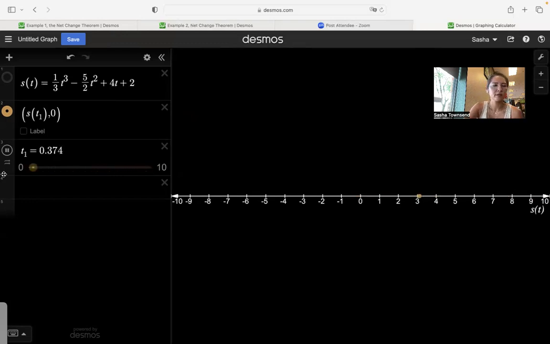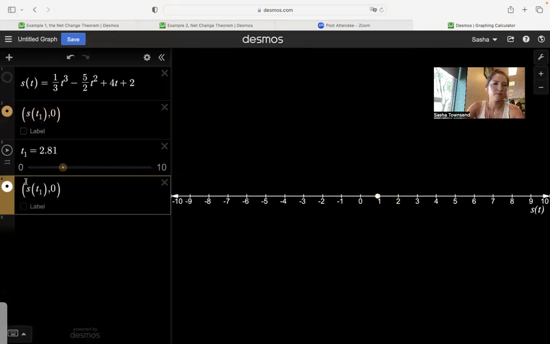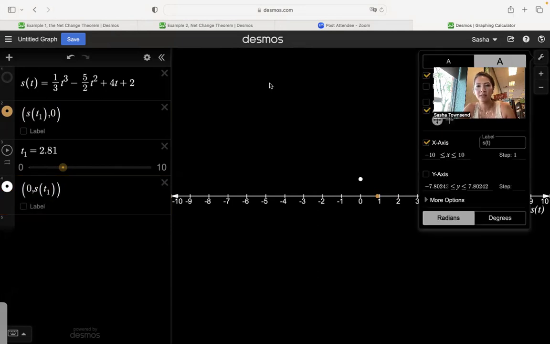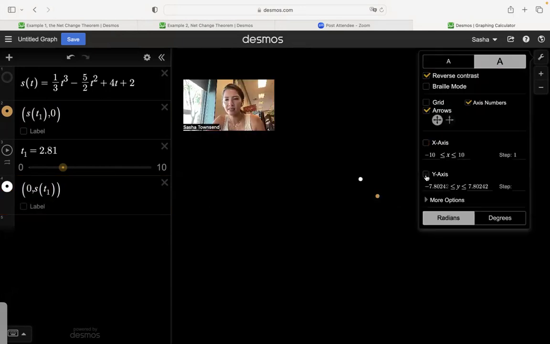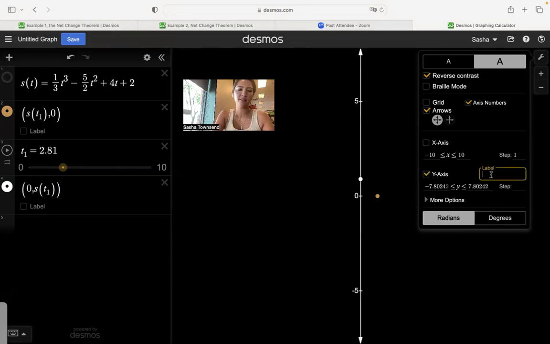So if you prefer, you could look at it on a vertical axis instead. Just a choice. We could do that. Then if we want to do that, we'll get rid of the x-axis and graph the y-axis. We'll call this one S of t.